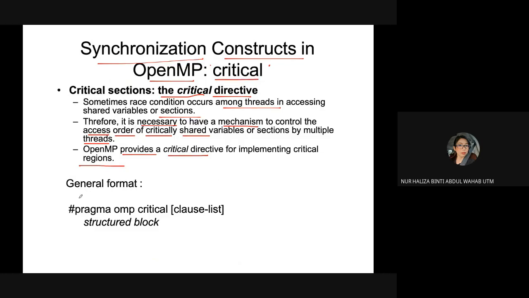So the general format or standard when you want to apply critical under OpenMP is to put pragma omp critical, followed by the clause list. So this is the general standard and format.